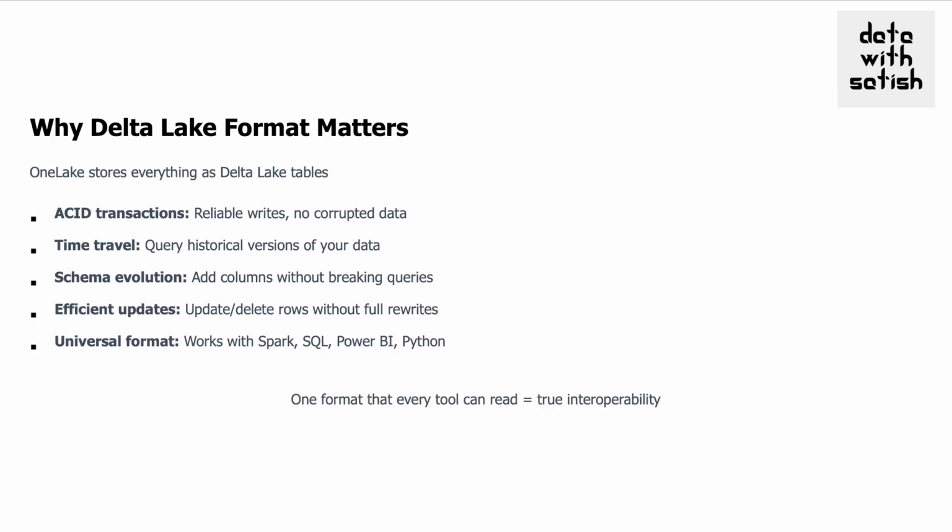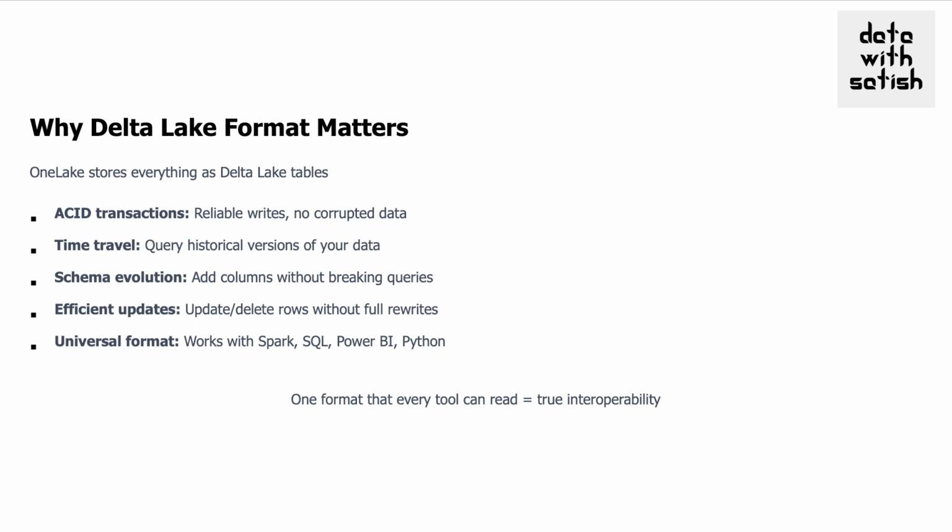OneLake stores everything as Delta Lake tables, and this matters more than you might think. Delta Lake gives you ACID transactions, meaning reliable writes, no corrupted data. Time travel, so you can query historical versions. Schema evolution, add columns without breaking existing queries.